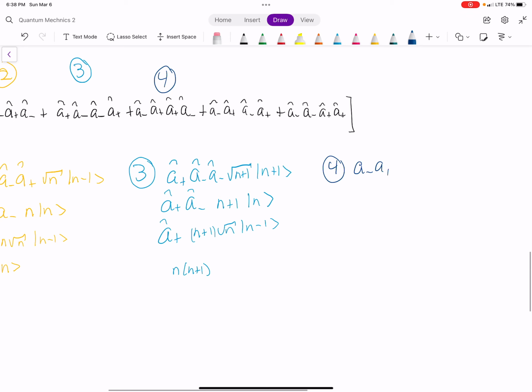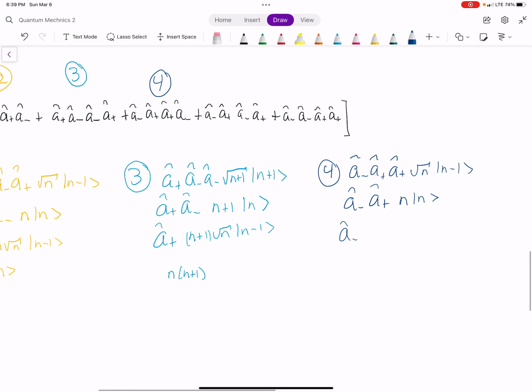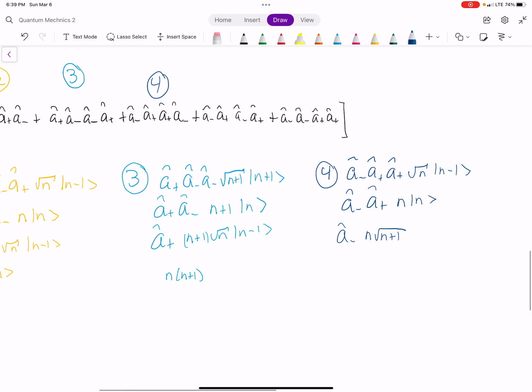A minus, A plus, A plus. The lowering operator gets us this. And I'm kind of moving fast on these, so again, I hope it's not too confusing what's going on. Hopefully it makes sense. Just trying to grind through this one.